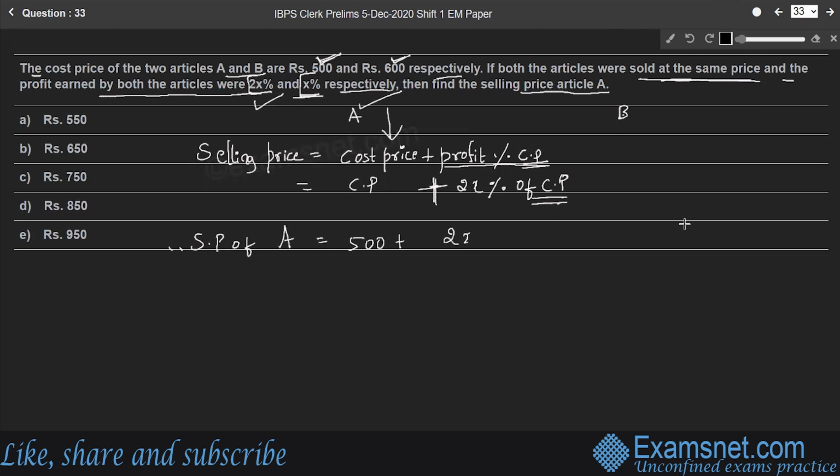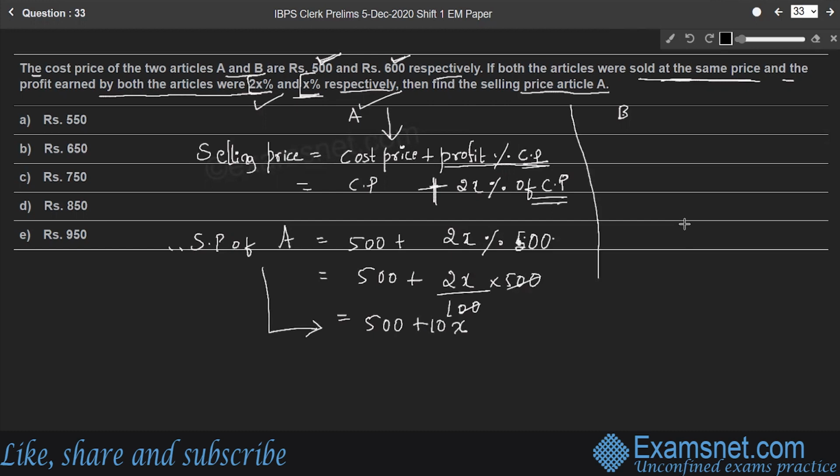So 2x% of 500, which is cost price, right? Therefore 500 plus 2x% means 2x by 100 into 500, which is, so 5 into 2 is 10x, 500 plus 10x. So selling price of article A is 500 plus 10x.